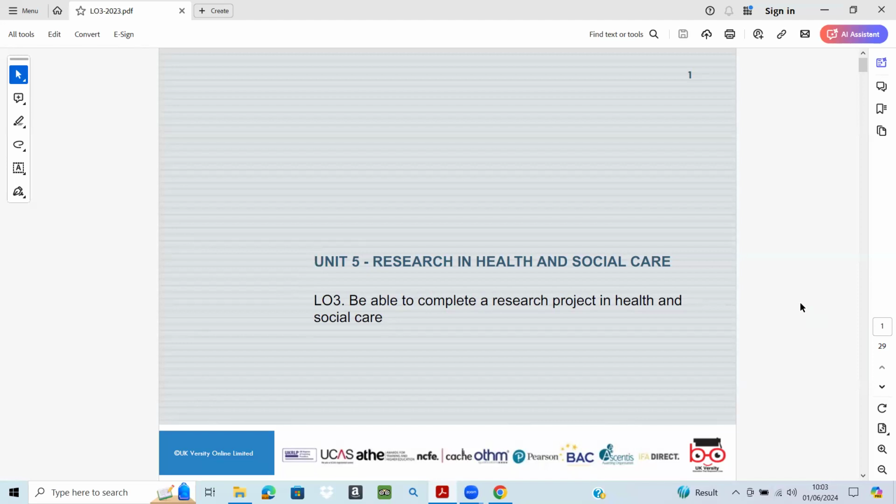The first step is identifying a research topic. The first step in any research project is to identify a topic that is both intriguing and feasible. For example, you might be interested in exploring the effectiveness of telehealth services in improving patient outcome during the COVID-19 pandemic.